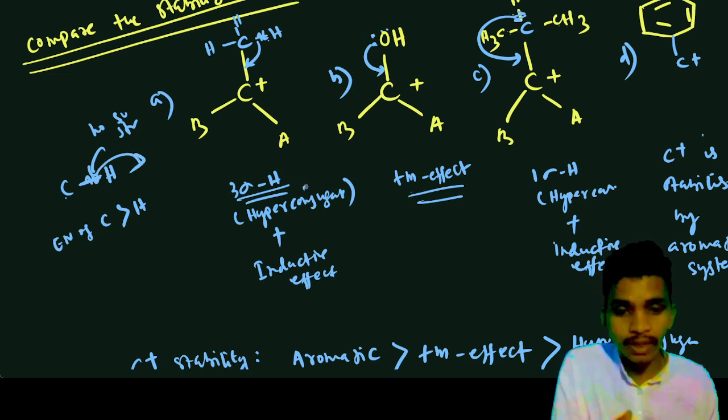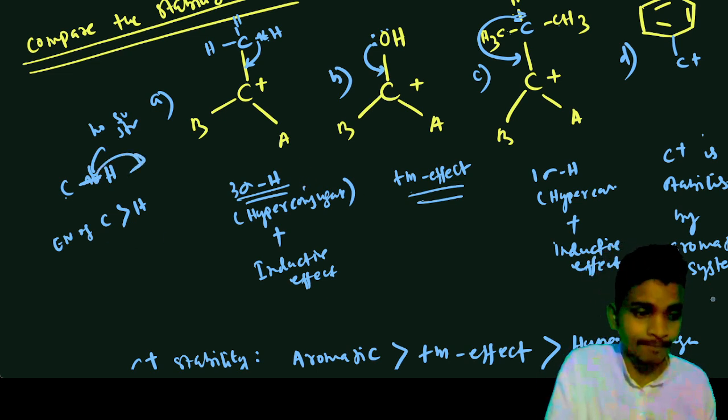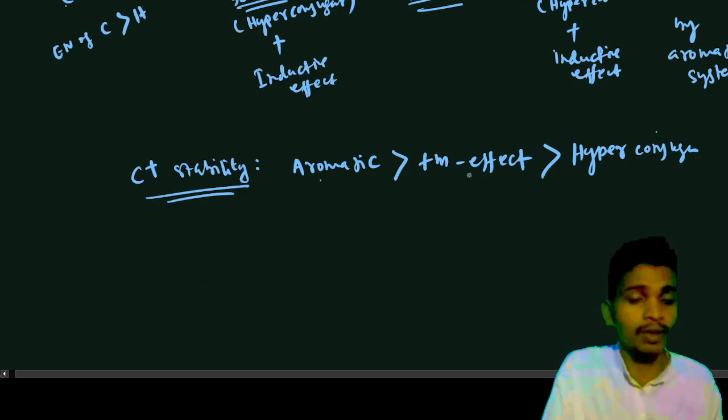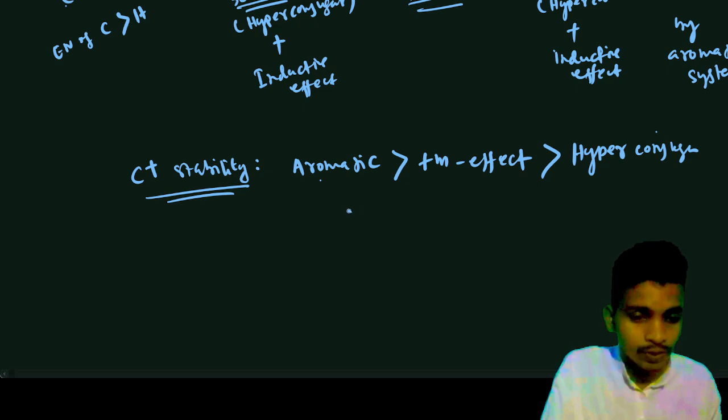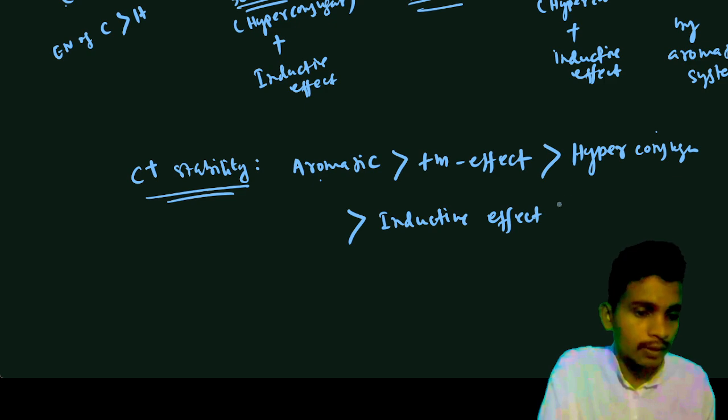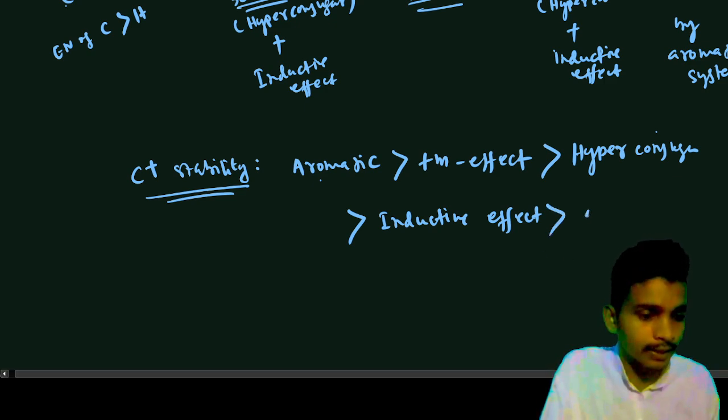So that is the hyperconjugation effect. So first is aromatic, then it is getting from the plus M effect, and then the hyperconjugation effect. Then we have the inductive effect. Then we have the anti-aromatic systems.